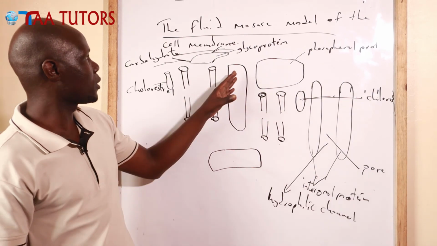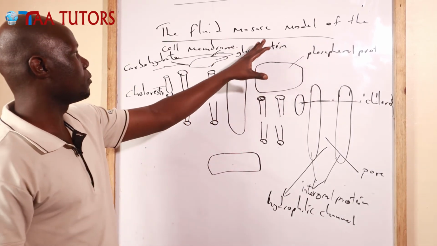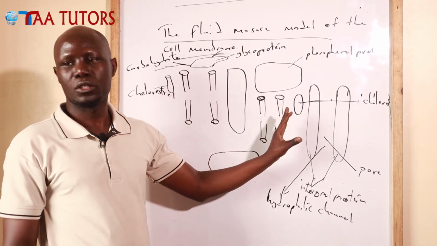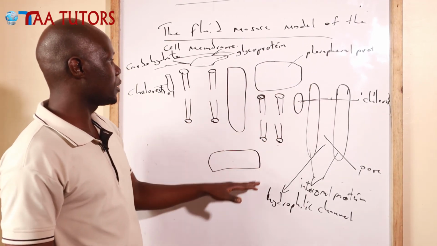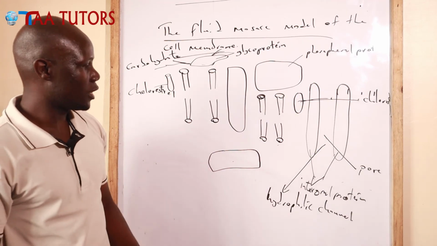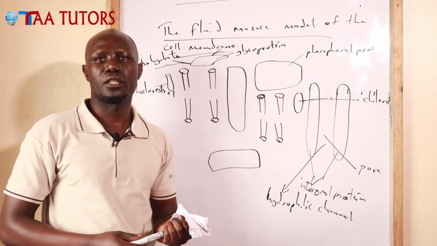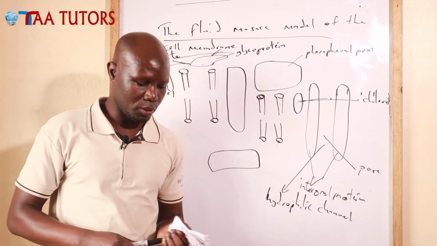And that is how the fluid mosaic model will be acting on the membrane. So I hope you can clearly see every bit of it from the diagram, and that is the meaning that I wanted you to get from this one. Thank you very much.